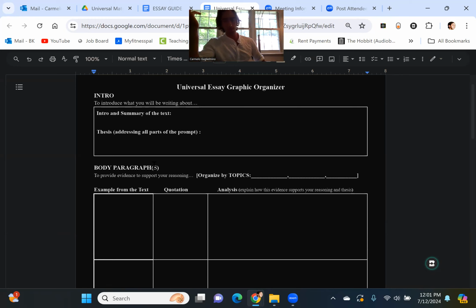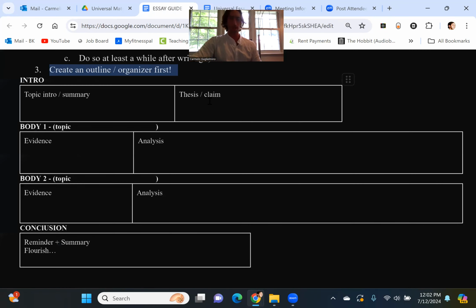There's nothing wrong with, right when you're sitting down for a major essay, or you're sitting down for an AP exam, sketching out an organizational note for yourself, or essentially a makeshift graphic organizer. That's totally fine.